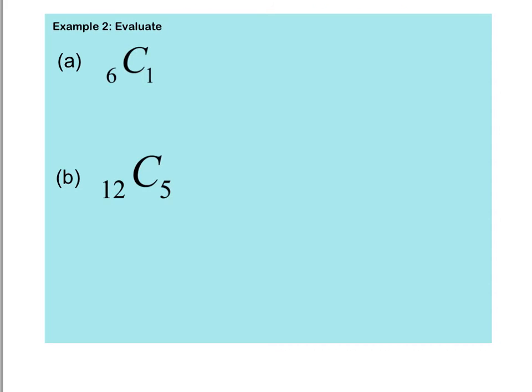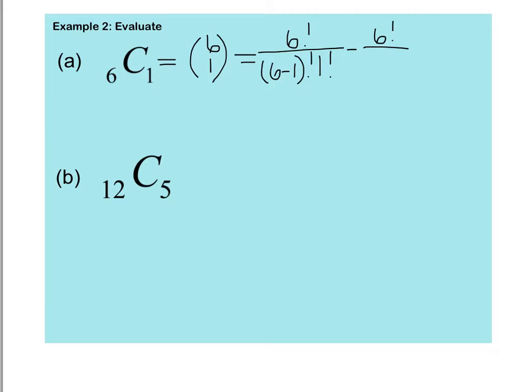Let's do a quick practice in this notation. The first one says 6 choose 1. That would be the same as writing it like this, 6 choose 1. Either way it means 6 factorial over 6 minus 1 factorial times 1 factorial. So that's 6 factorial over 5 factorial. 1 factorial is just 1, so I'm not going to write that, which would be 6.